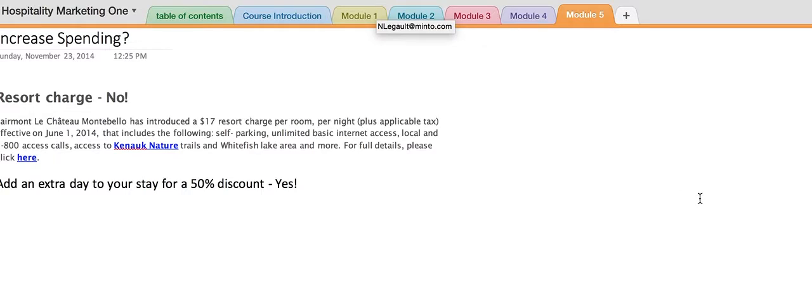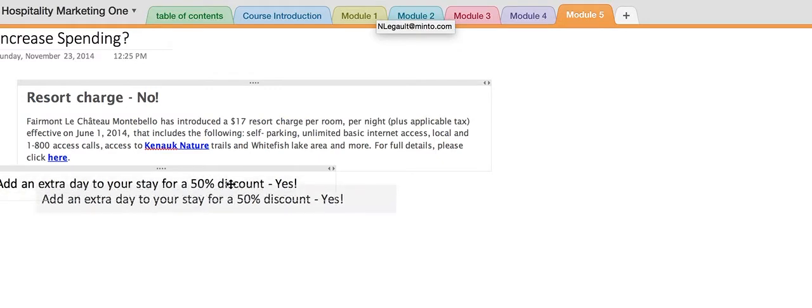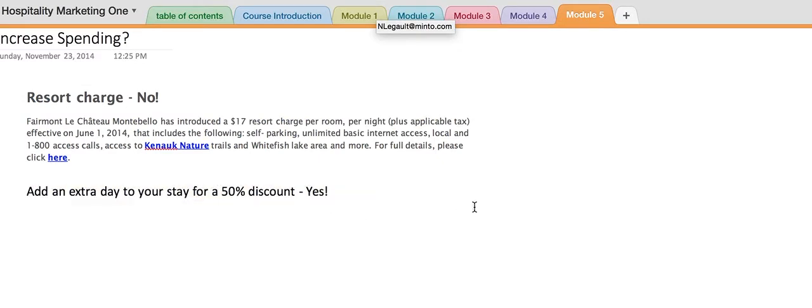But they've decided to introduce a resort charge. This resort charge is $17 per room per night, plus taxes, and that came into effect last summer. So you can tell that this hotel is feeling the pinch.